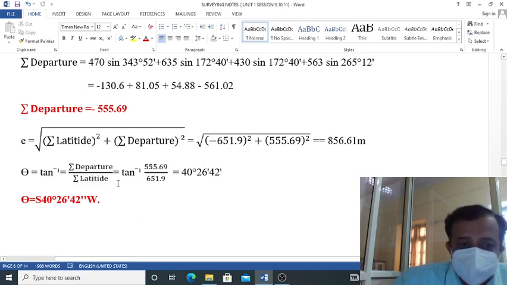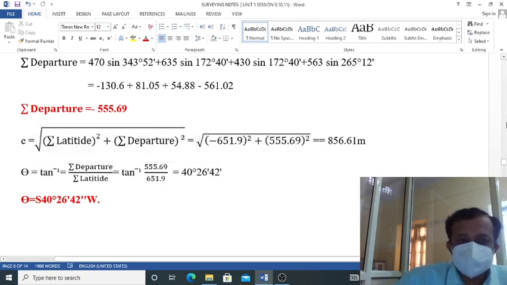Sigma departure is 555.69 and sigma latitude is 651.9. If you divide, you get 40 degrees 26 minutes 42 seconds.